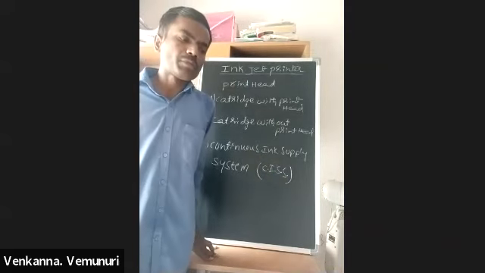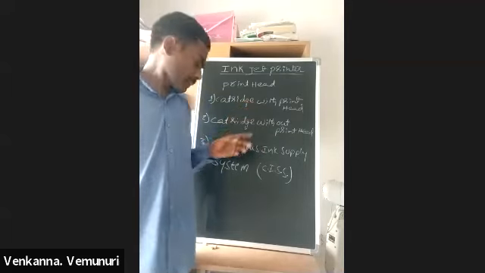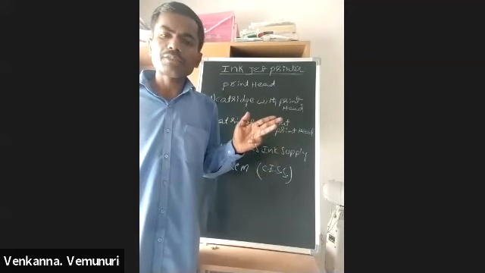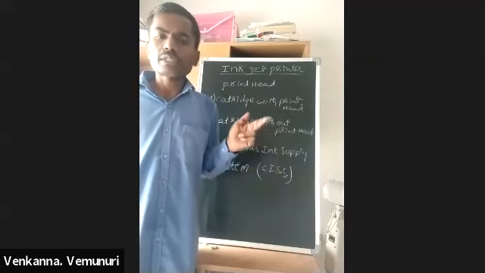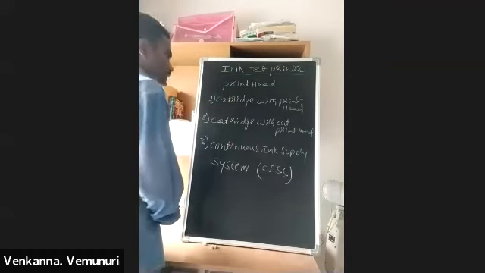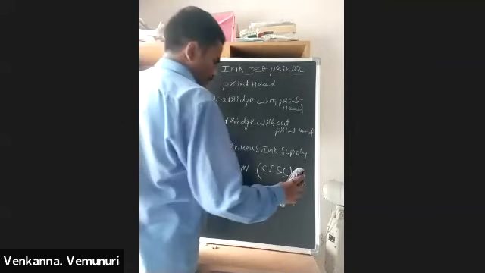So depending on the printer, print heads are three types. Here, cartridge with print head. Second one, cartridge without print head. Third one is continuous ink supply system. Okay. First, we are discussing cartridge with print head and how this print head is working in inkjet printer.